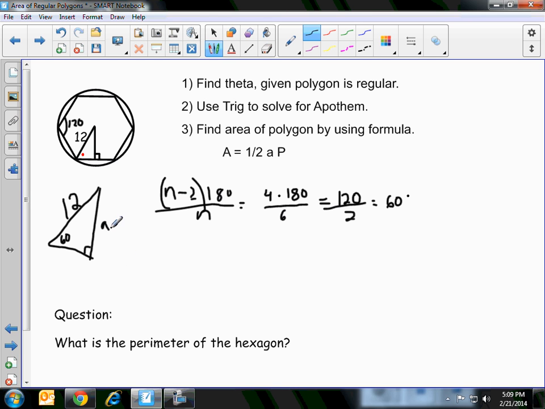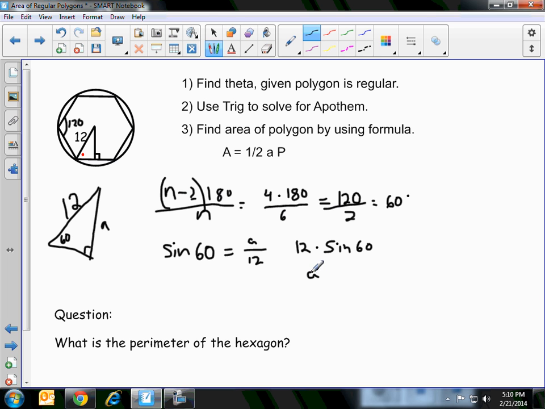So opposite over hypotenuse is the sine function. And I have my opposite over hypotenuse. In my calculator, I'm going to type in 12 times sine of 60, making sure my mode is in degrees.